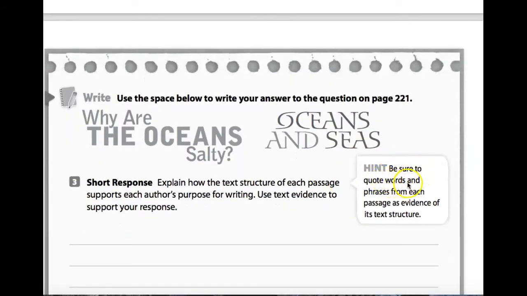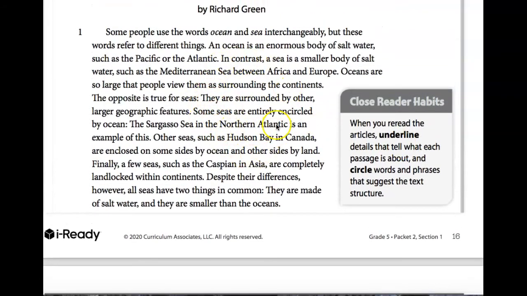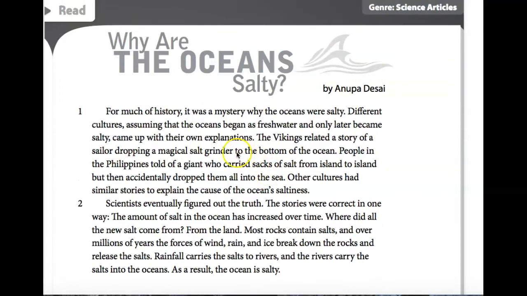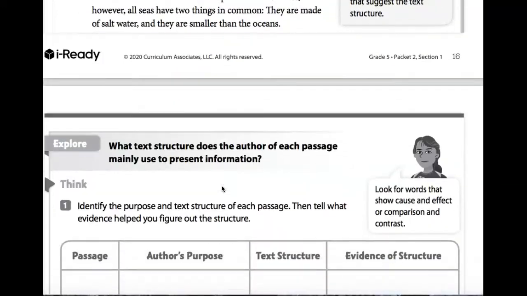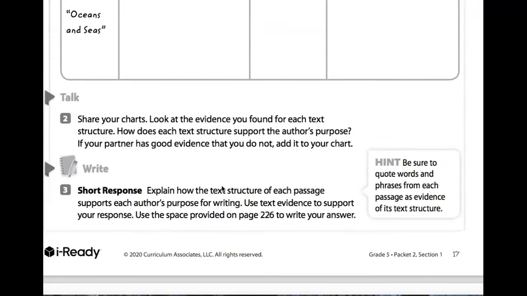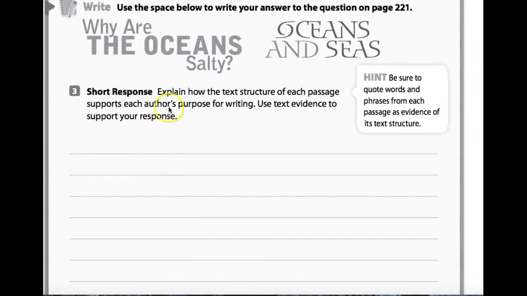It says be sure to quote words and phrases from each passage as evidence. So make sure that you're quoting from the passages to support what you're saying. Okay, you can say the author said, or in the passage it states, those kinds of things. So that's what you're going to do here. Write a couple paragraphs. Explain how the text structure of each passage supports each author's purpose for writing.